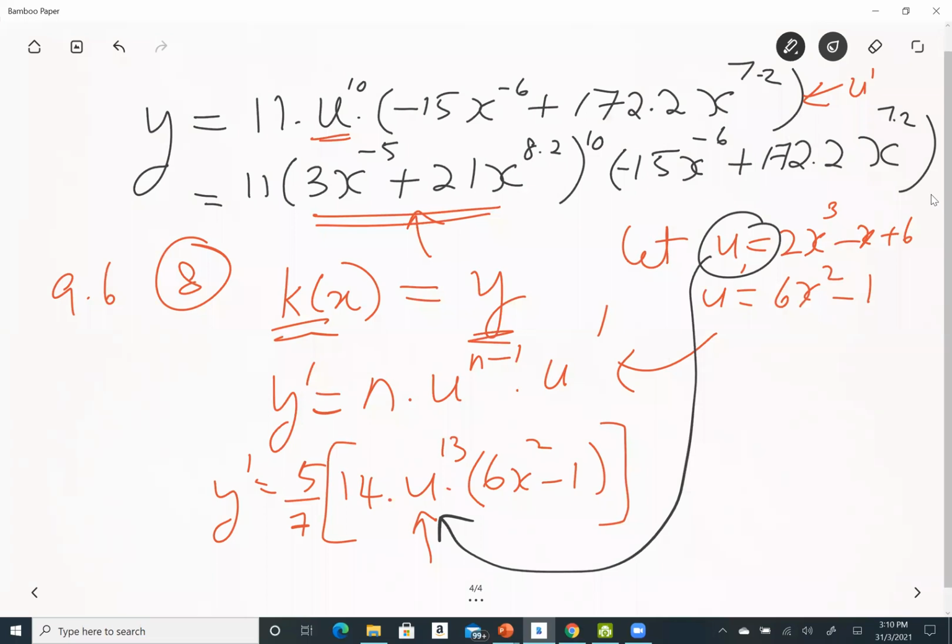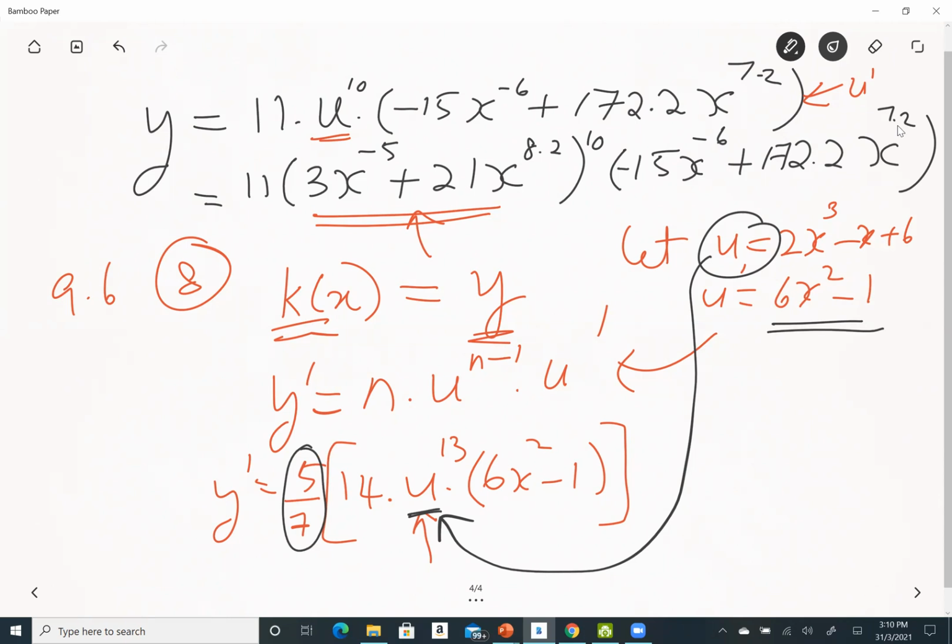If you don't get like this, check where you went wrong. Check the u prime, and make sure you get u raised to the power n minus 1, then you multiply with the coefficient, the power, and the constant just follows the derivative. So that is the general power rule.